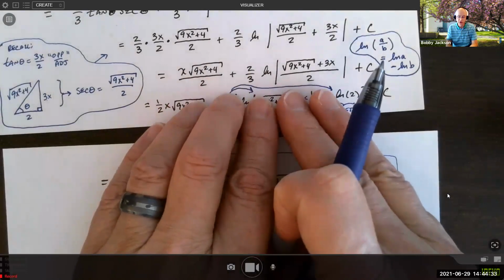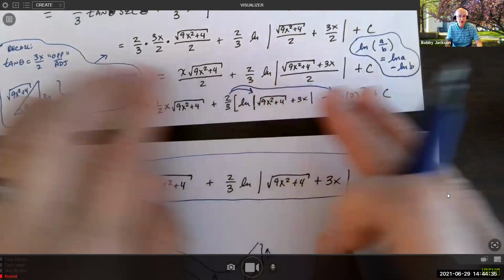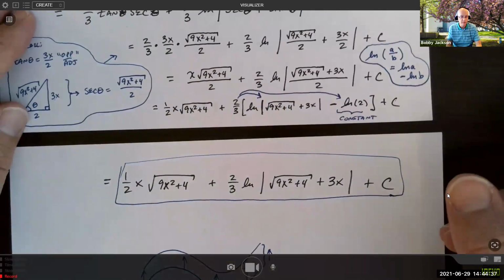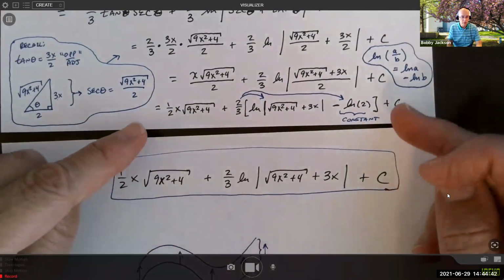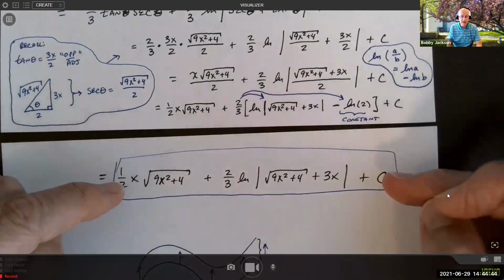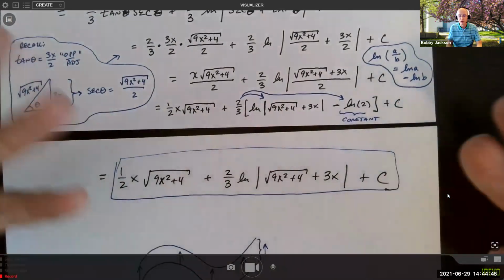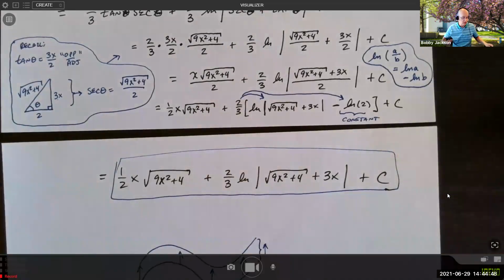You would really have shown, if you got to this point, that you understand the trig substitution. But again, it's important to see how we can simplify things. It's very important, especially if we're going to use results in other situations. And so I want you to be aware of that, especially as you're checking your homework. Okay, so I hope that this helps explain this one.